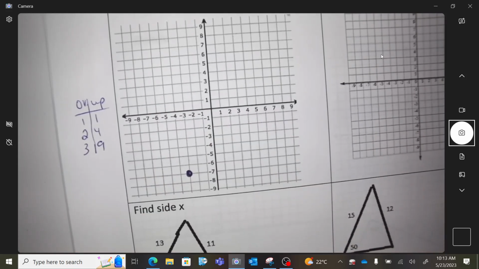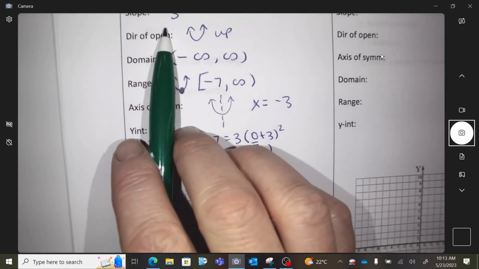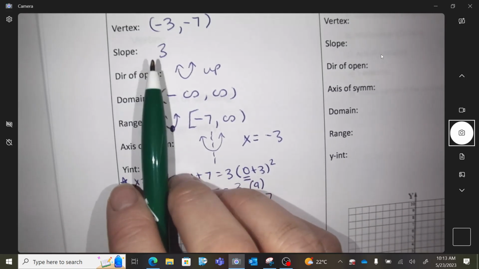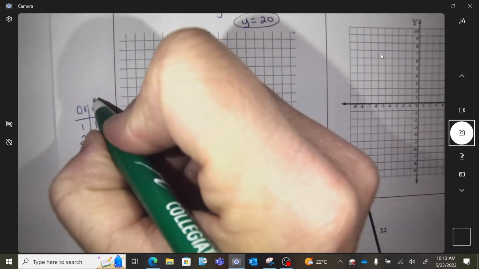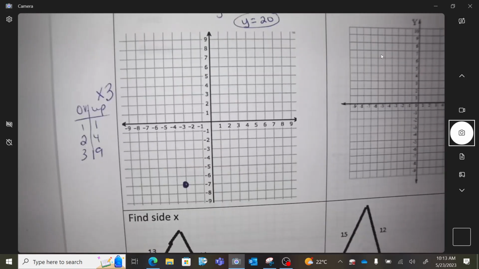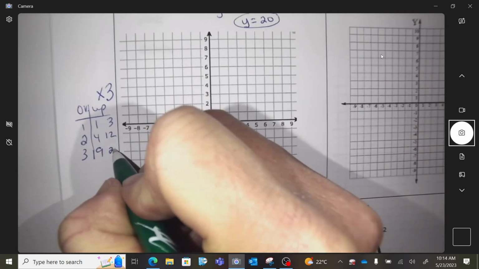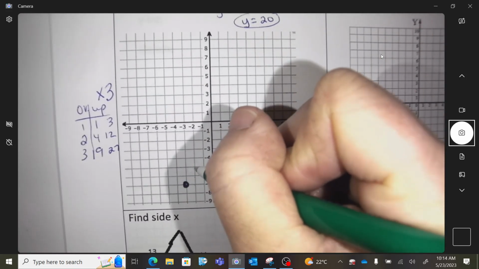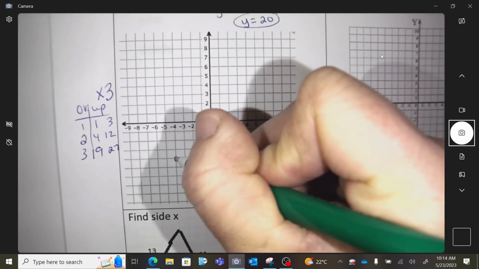Okay, that would be normal, but that's not what I'm going to do because I have to adjust. What do I need to do? There's a slope of 3. So that comes into play now. What does that do to yours? You times your up by 3. So it's going to make it a little skinnier. Remember that?